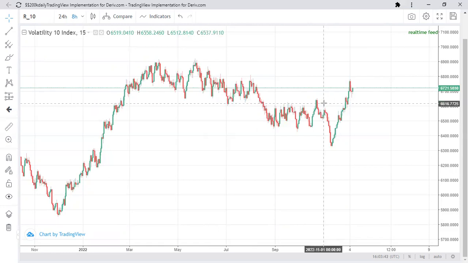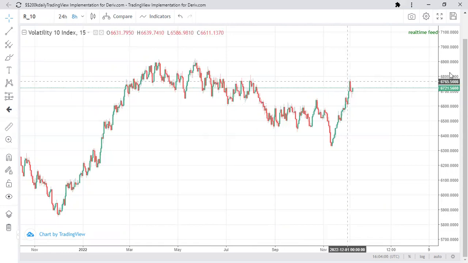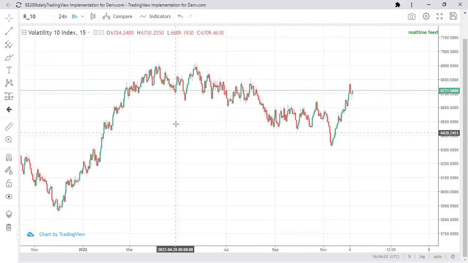And the higher the time frame, the clearer the picture will be. If you want to know the overall trend, what is happening in the market, it will be easy to see on a higher time frame compared to a lower time frame.